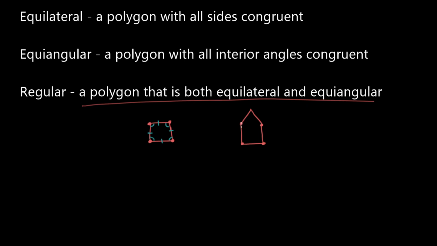And then, of course, I can have a polygon that's equiangular but not equilateral. And so those polygons would not be regular. So these overlap each other a bit. And of course, I can have not just quadrilaterals, but any polygon that is none of these.